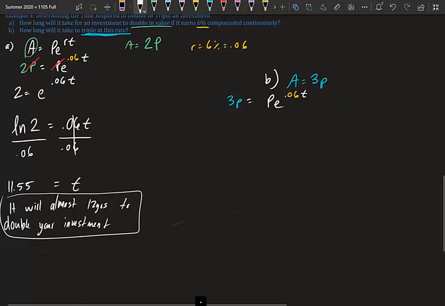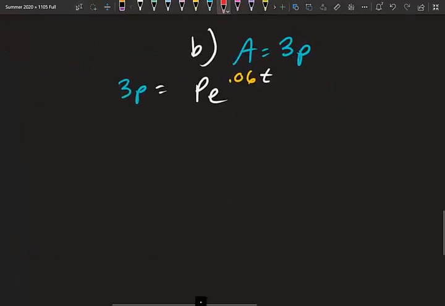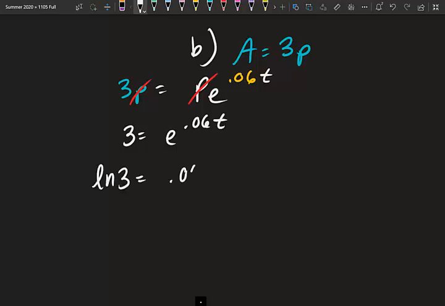Just as before, we cancel out the P's, because you would just divide it, and that's why they cancel. So we're left with 3 equals e to the power of 0.06t. We're going to switch it to a logarithm. Why? Because we see e as the base. So we have ln 3 equals 0.06t, divide.